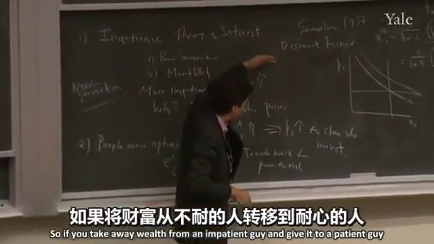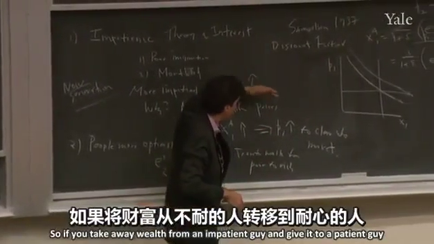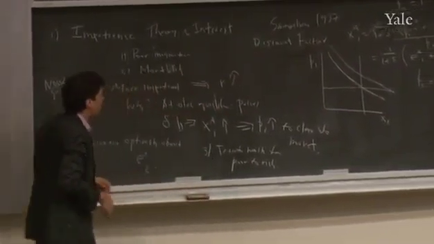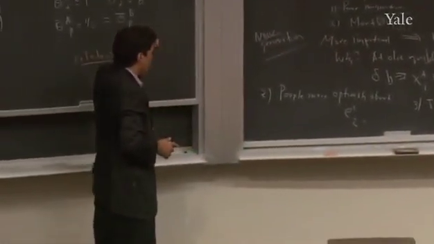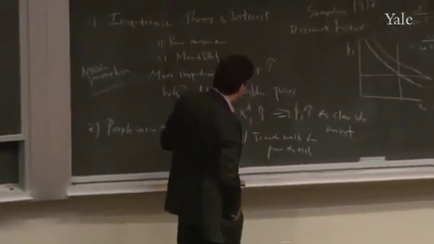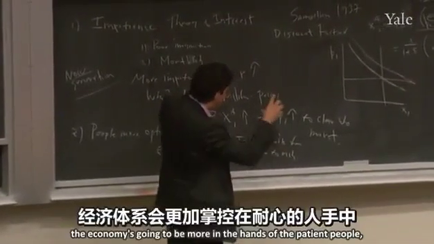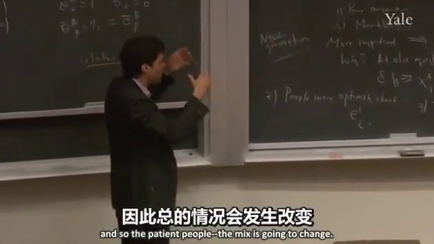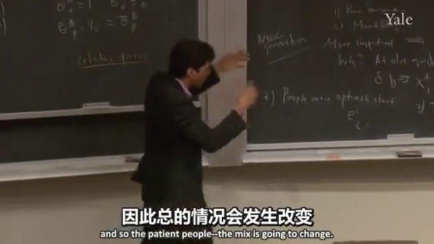So if you take away wealth from an impatient guy and give it to a patient guy, the economy is going to be more in the hands of the patient people, and so the mix is going to change.